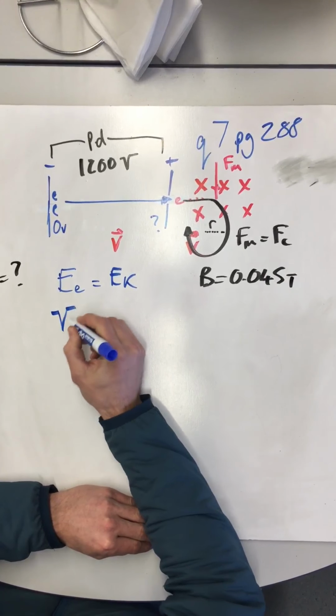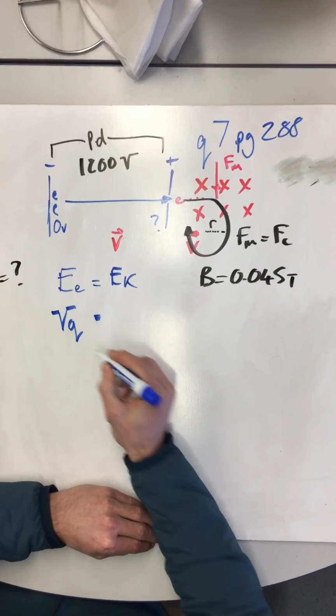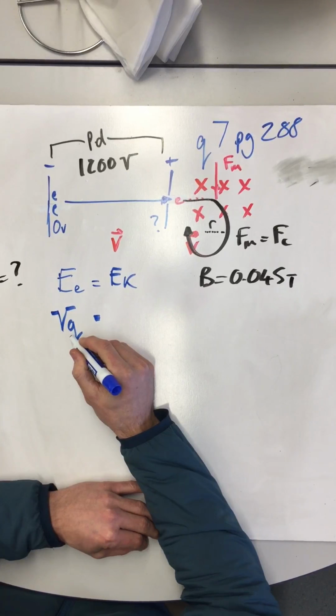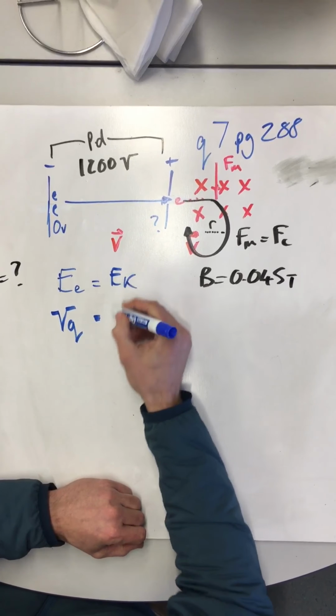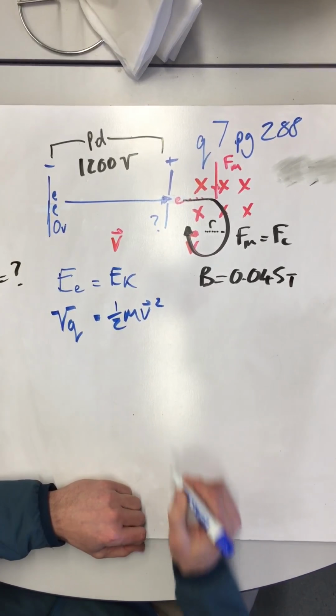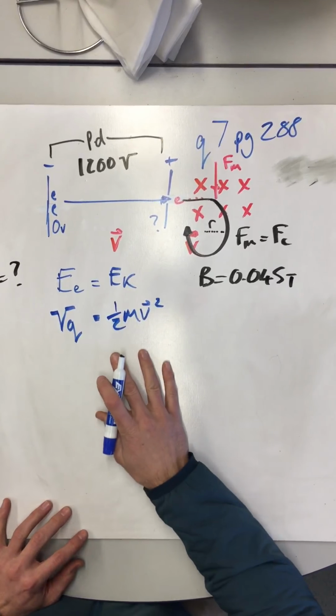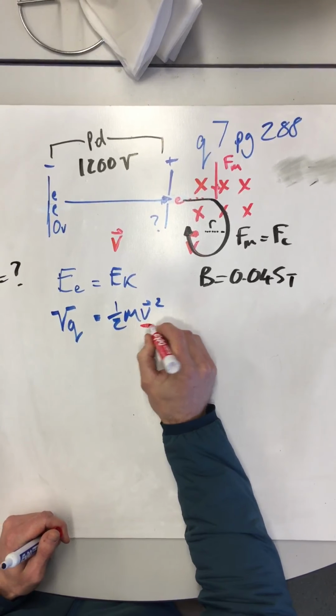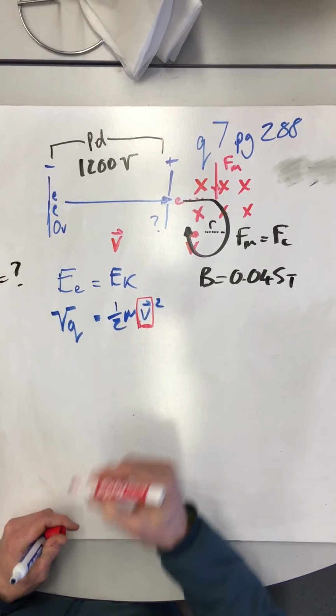Electrical energy, as we should know already, is VQ, voltage times the fundamental electric charge, and that's going to be equal to the kinetic energy of the electron. Very important. Remember, the key here is this velocity. This velocity doesn't change.